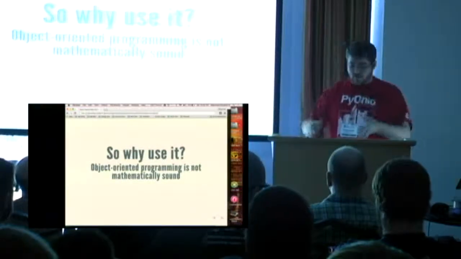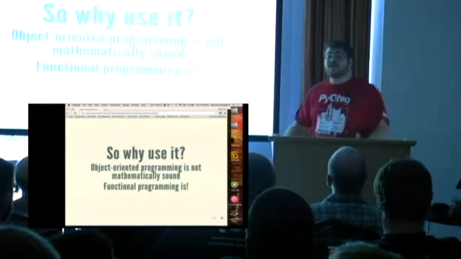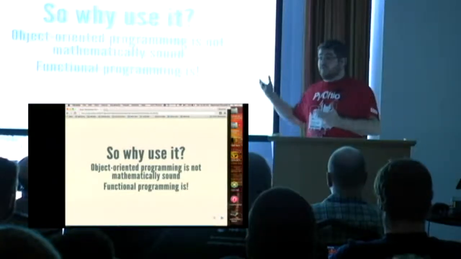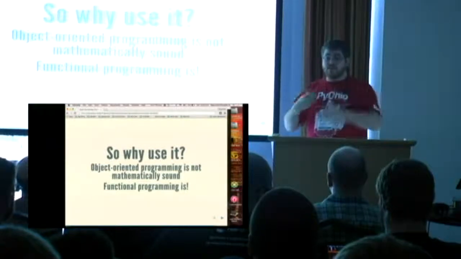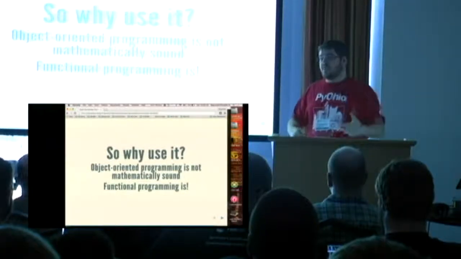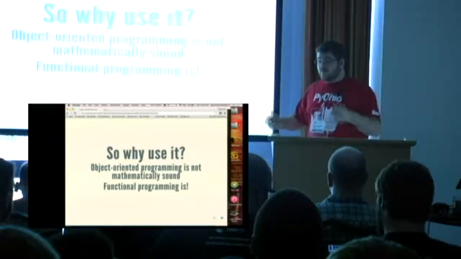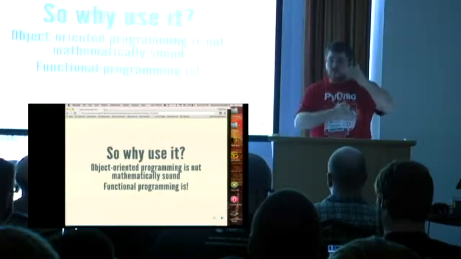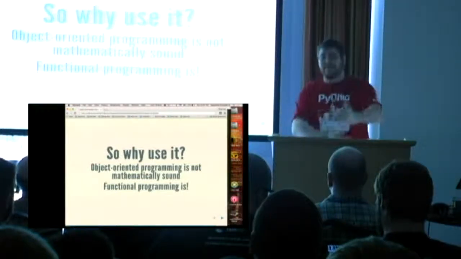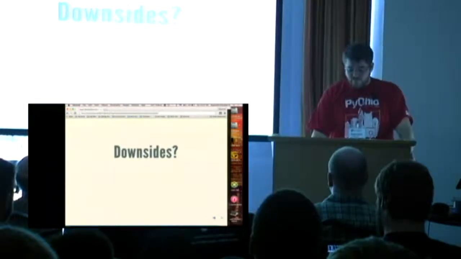But functional programming is mathematically provable. Everything in the Iterators library and in PyTools and some other functional libraries, you can write proofs about. And you say, this code I can prove 100% of the time will do exactly what I say it's going to do, and write out that mathematical proof.